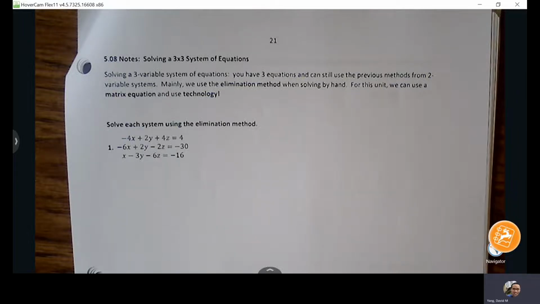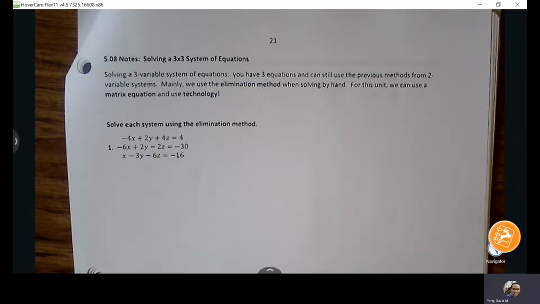Okay, if you guys can turn to page 21. Okay, so we were able to do solving systems of equations with a 2x2 matrix using the elimination method, when there's only two variables, right?